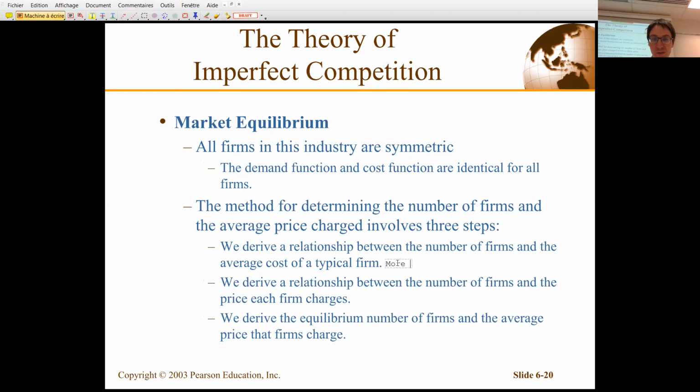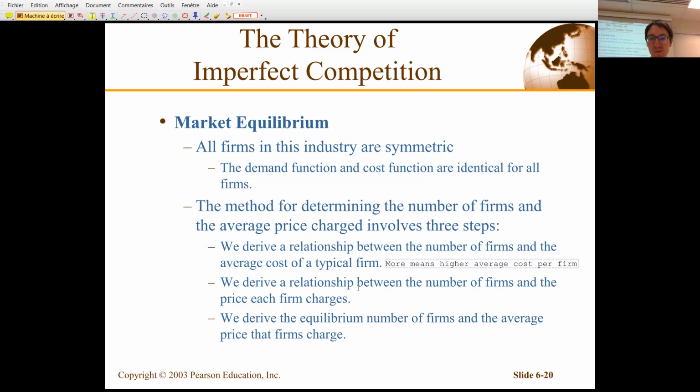Sorry, the font isn't all that great, but still it is the same. More firms means higher average cost per firm.